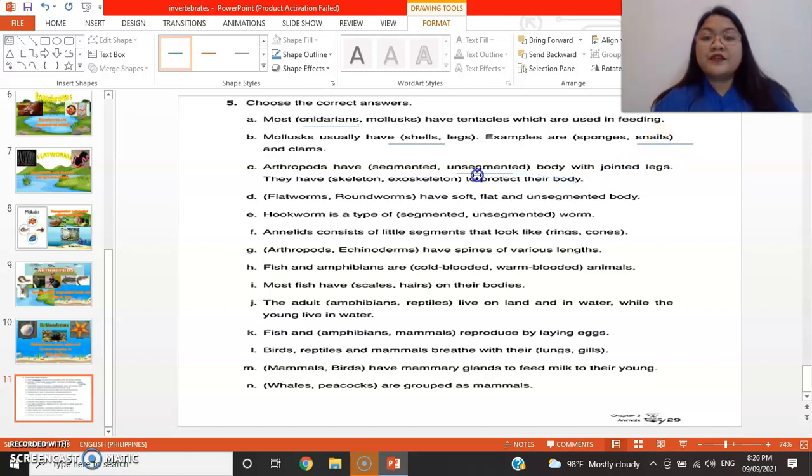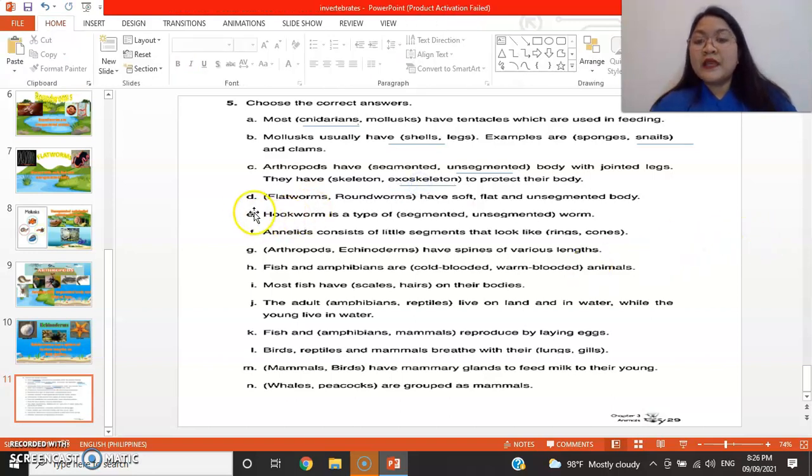So arthropods have unsegmented body. How about what do they have? Skeleton or exoskeleton? Very good. They have exoskeleton. Okay, very good. So letter D, E, F, G, H, I, J, K, L, M, N.